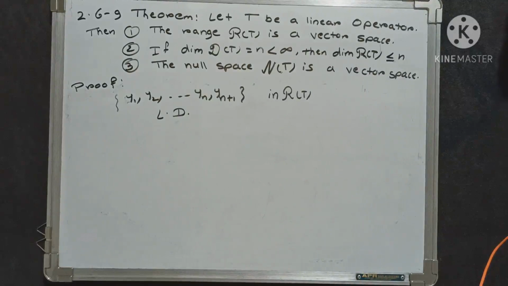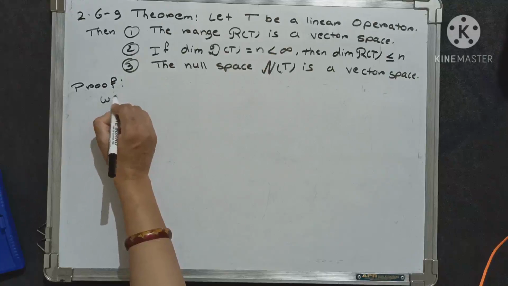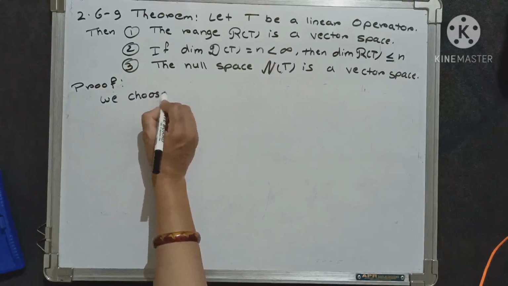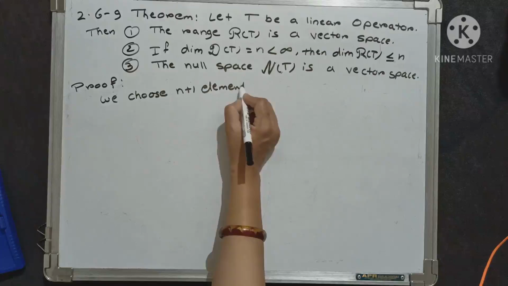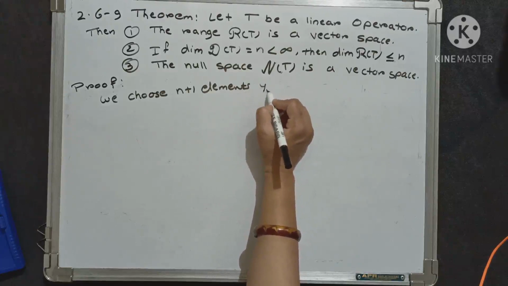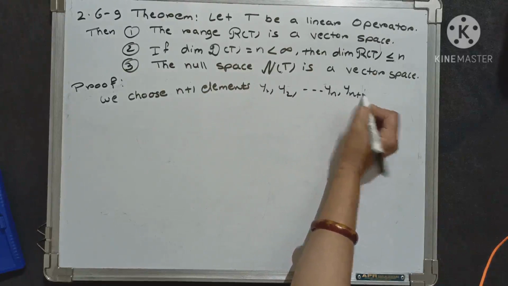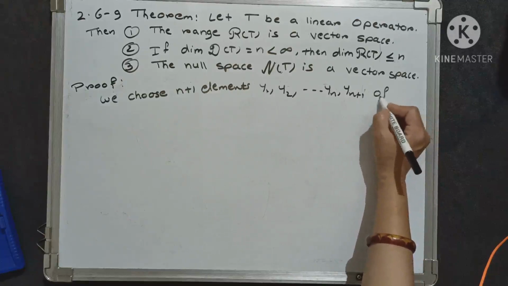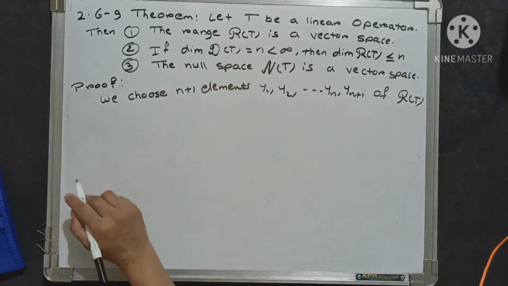So we start with n plus 1 elements of the script R of T. We choose n plus 1 elements y1, y2, up to yn plus 1 of R of T in an arbitrary fashion.